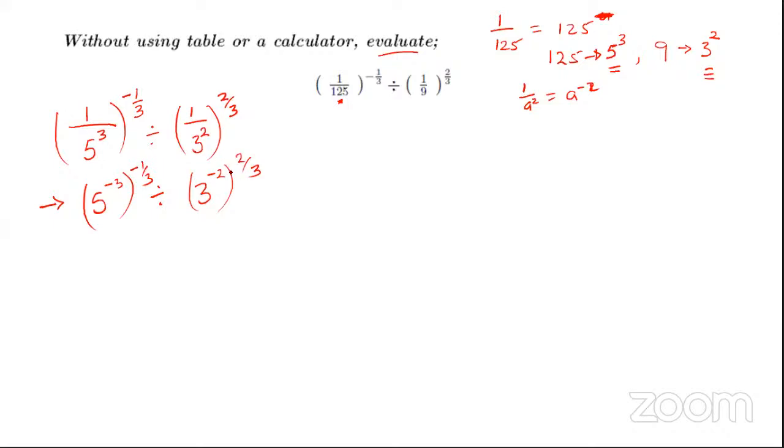The powers. Okay? So what shall we have? We shall have 5 to the power negative 3 times negative 1 out of 3. All this is in brackets. Divide by 3 into negative 2 times 2 out of 3.